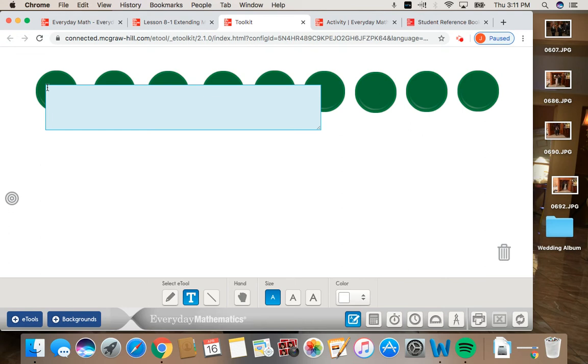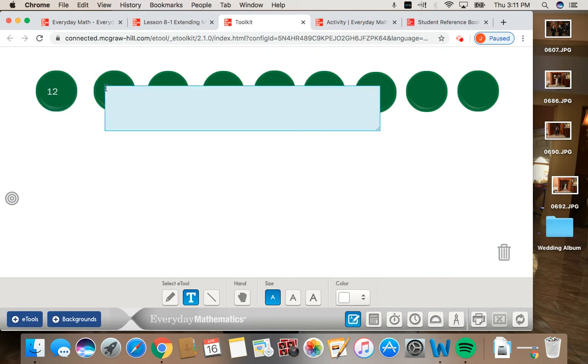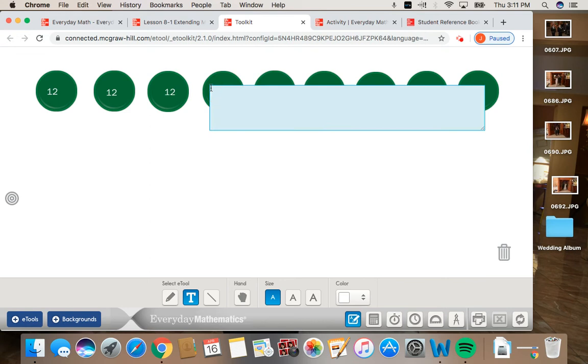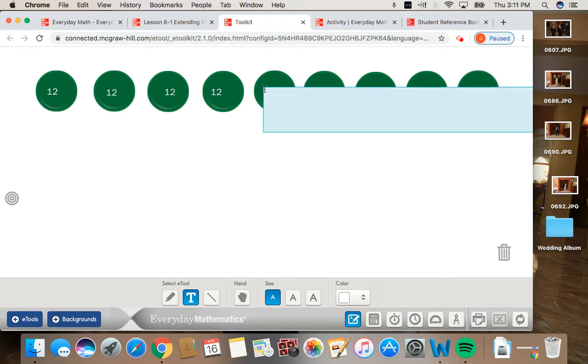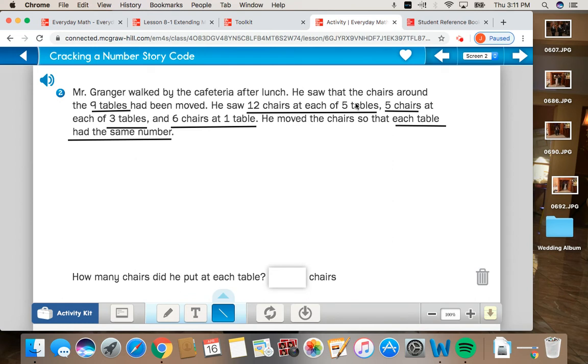All right, 12 chairs there, 12 chairs there, this table, 12 chairs, 12 chairs, and 12 chairs, because 5 tables have 12 chairs. 5 chairs at 3 tables.